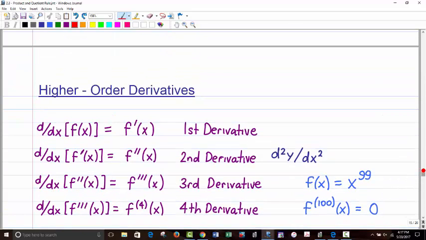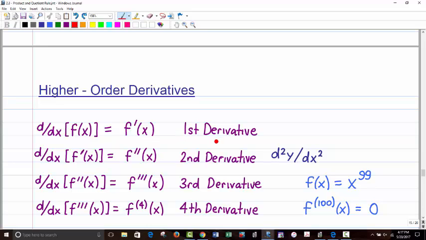Higher order derivatives. You can keep taking derivatives of derivatives. Pretty exciting, huh? If you take the derivative of a function, you can then take d dx, the derivative of the derivative.